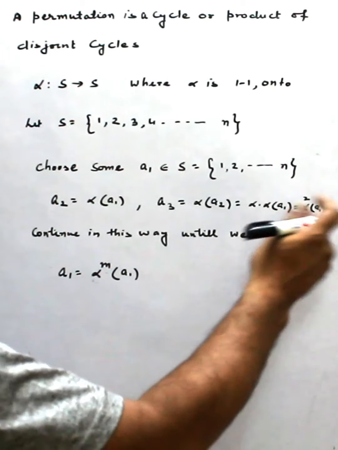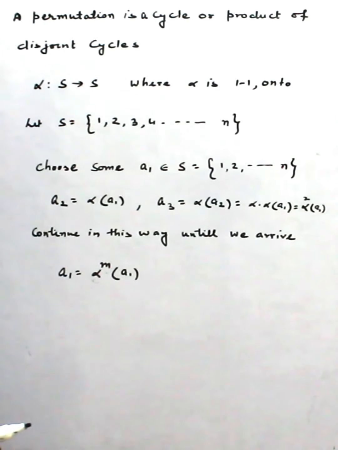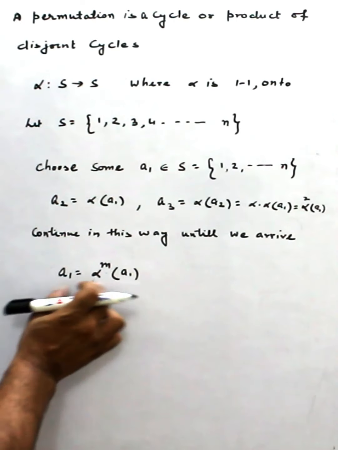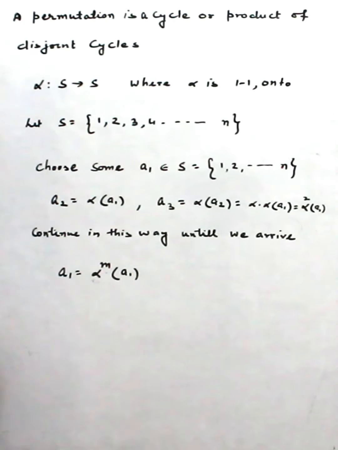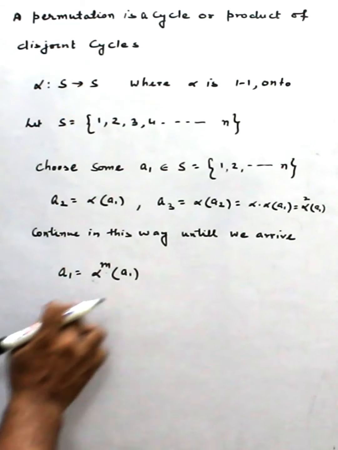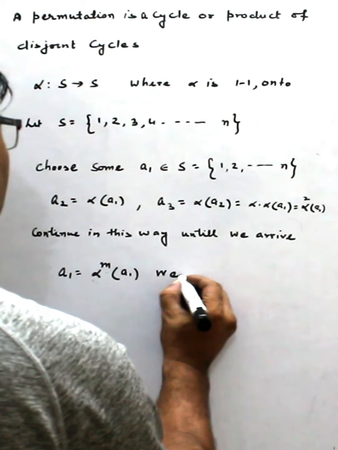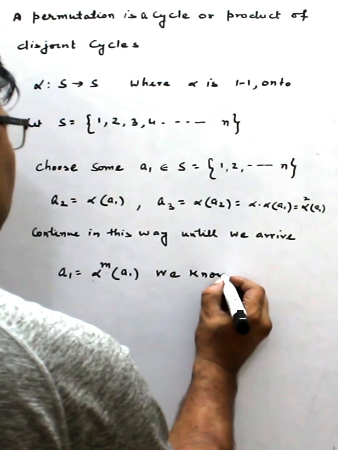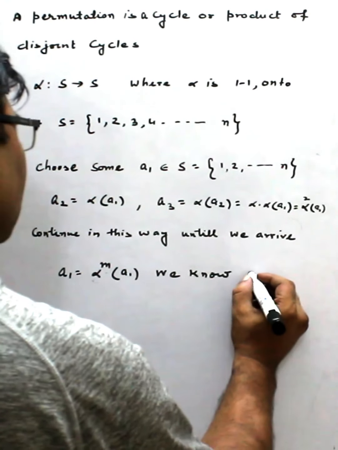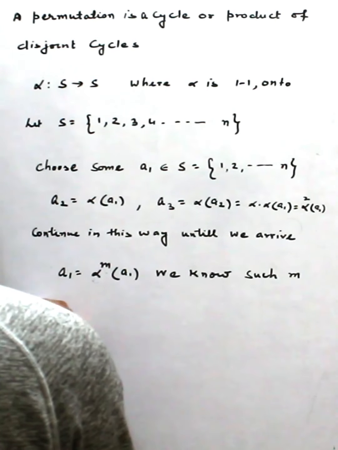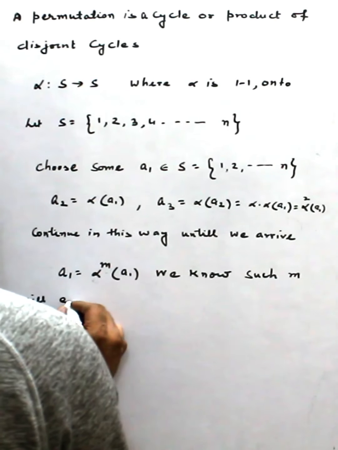If we keep going, because the number of elements is finite, so definitely there exists some m such that we arrive back to A1. That means we return to A1. Such m will exist.